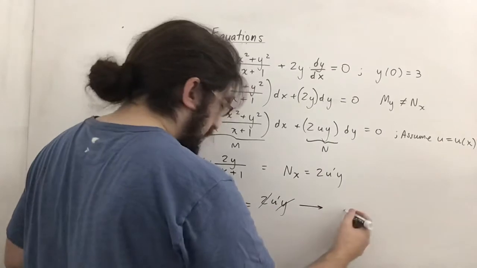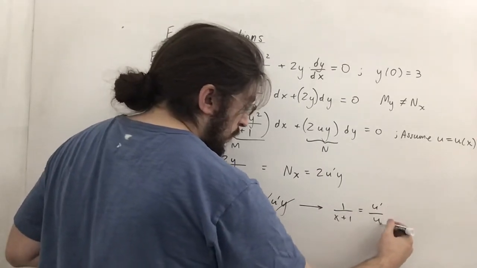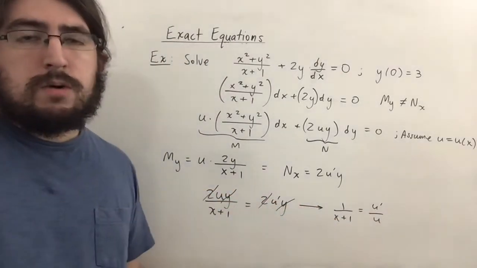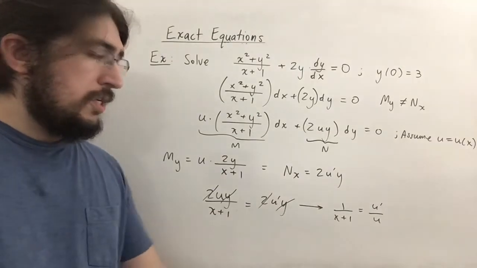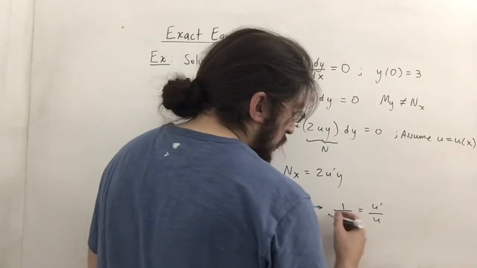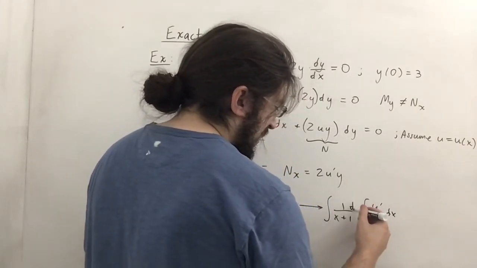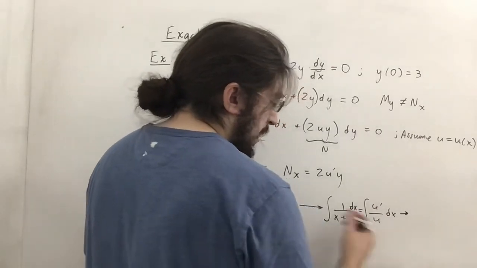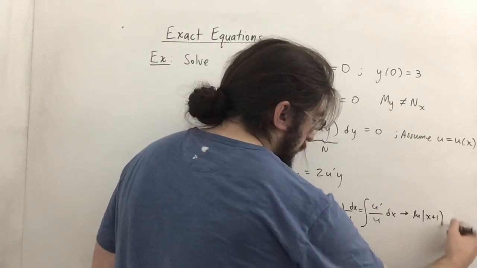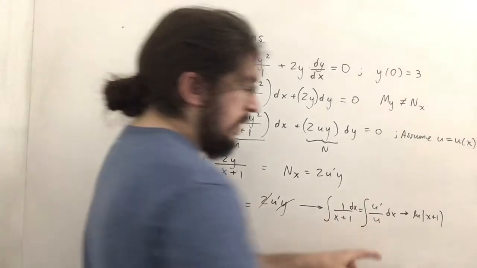So if we move things around, we actually get 1 over x plus 1 is equal to u prime over u. Now this is good because the antiderivative of u prime over u, if you don't recall from logarithmic differentiation, is ln of u. So now taking the antiderivative of each side of this with respect to x, so let me write dx and then dx, of course, we end up getting here ln absolute value of x plus 1 equals ln of absolute value of u.